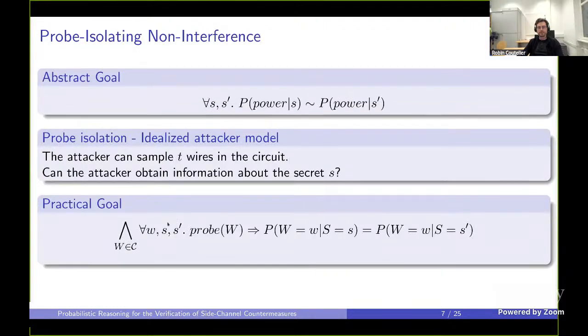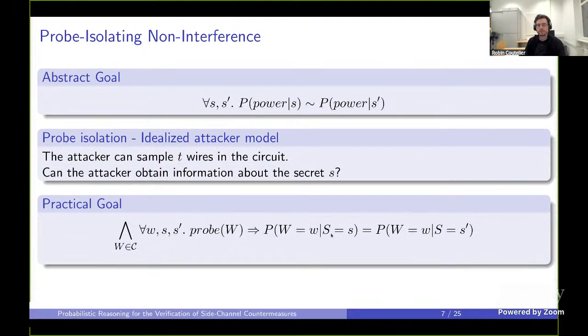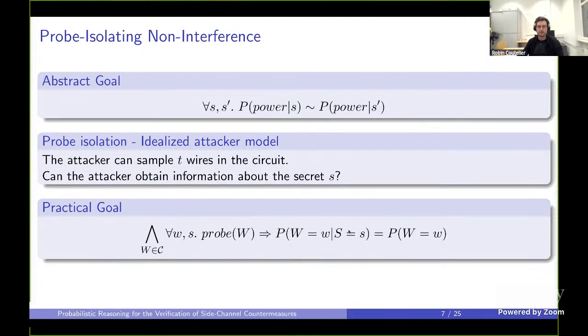Okay. So we have this formula which says that if we probe, so if the attacker measures the value of a wire, it must be that we still do not have any correlation with the secret. And with shares, first of all, we can ditch one of the quantifiers, because saying that for every pair the probability distribution is the same is equivalent to saying that it is independent.